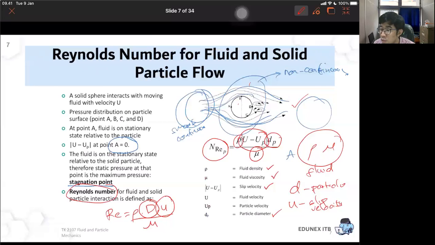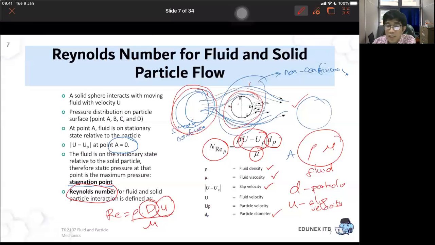You just use the velocity of the fluid in the continuous area relative to the velocity of the particle as one particle. So you do not need to calculate each of these slip velocities. It's just the local slip velocity. Okay, thank you very much, sir.